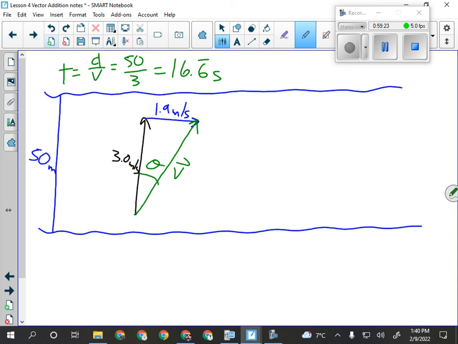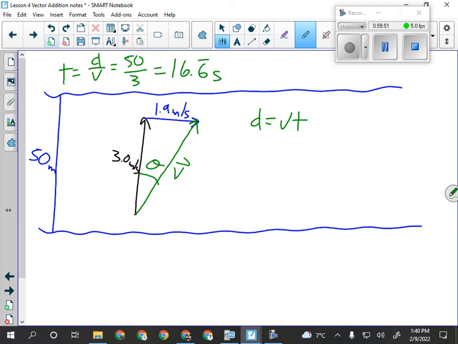All 16 seconds, I'm not just going across, I'm also going with the current downstream. How fast am I going downstream? 1.9 meters per second. If I know how fast I'm going, and I know how long I'm going to go that fast, I can figure out how far downstream I'll be.